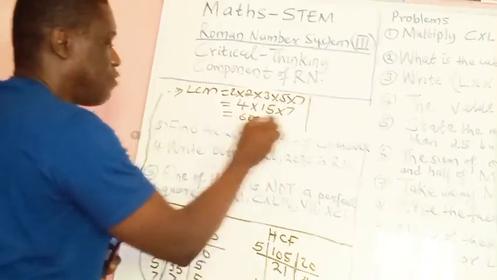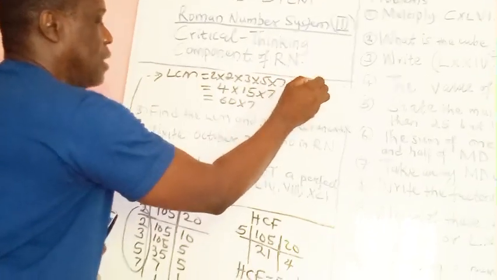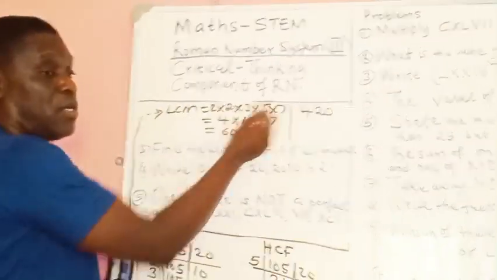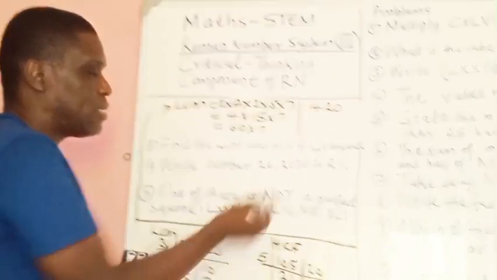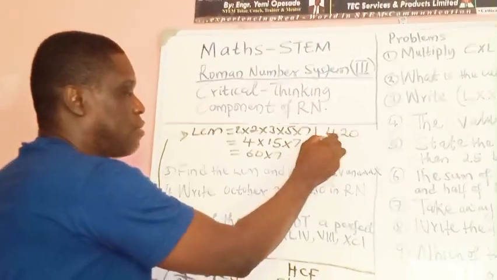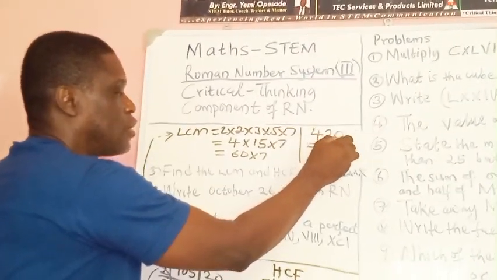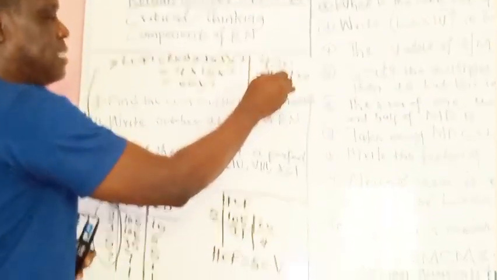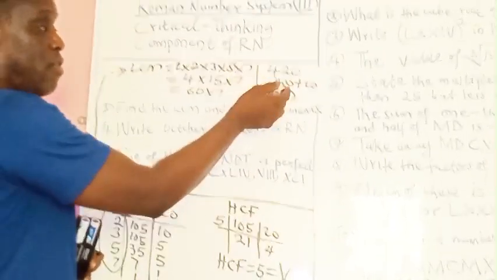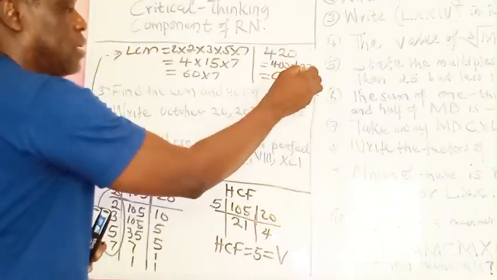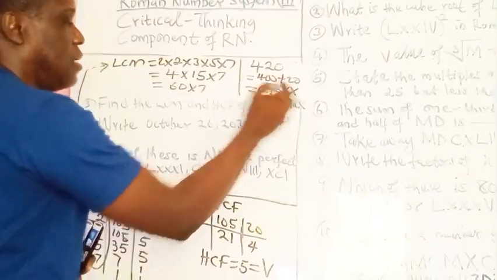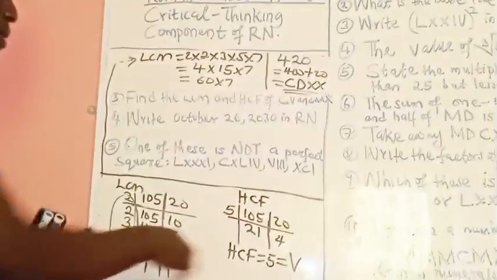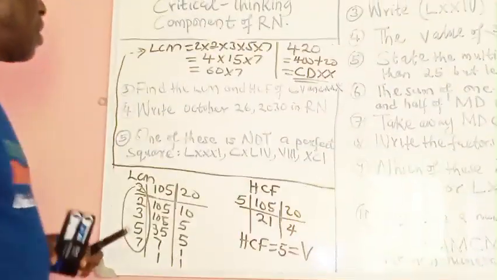And that gives us 60 times 7 is 420, right? 60 times 7 is 400 and what? Now, what is this in Roman numerals? This is 400 plus 20, right? 400 is CD. Is that not so? Remember, 500 minus 100, 400. 20 is what? X. So that is the LCM. And this is the HCF.